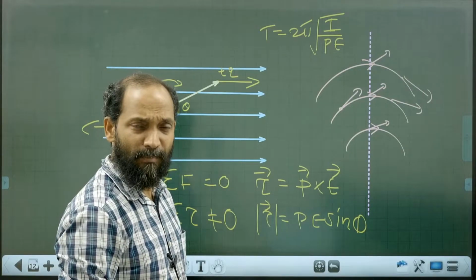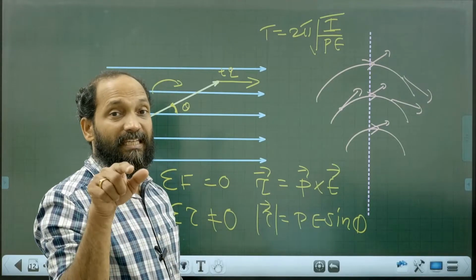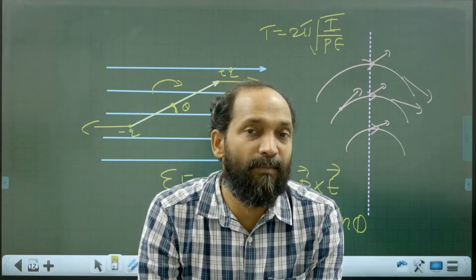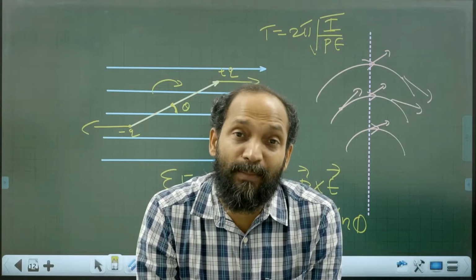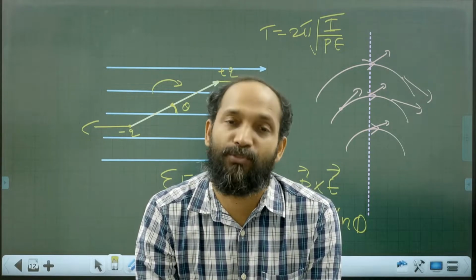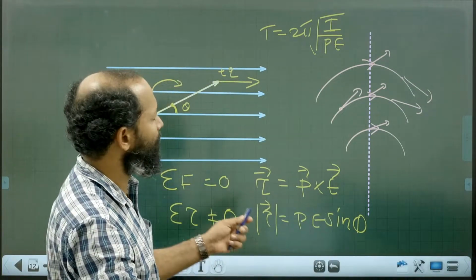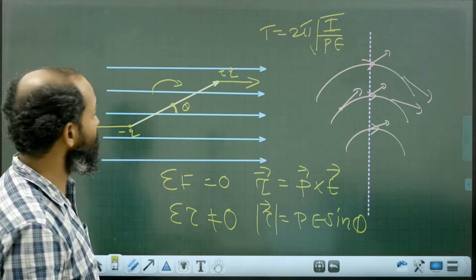If m is the mass of each of these charges in the dipole and a is half the dipole length, the moment of inertia will be m a square plus m a square, that is 2 m a square. P is the dipole moment, E is the external electric field which is uniform.